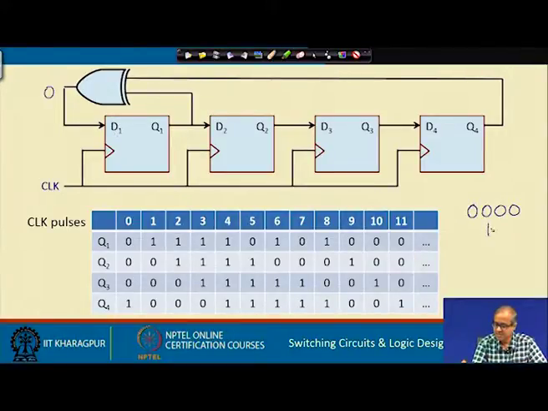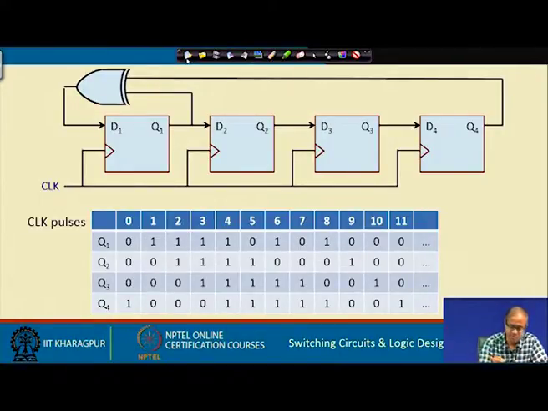So, this 0 0 0 0 after one clock will remain 0 0 0 0. It will never change. So, in a LFSR we should not initialize the register to the all 0 state, because if you do so, the state will never change. What we do? We initialize it with some other suitable non-zero state.